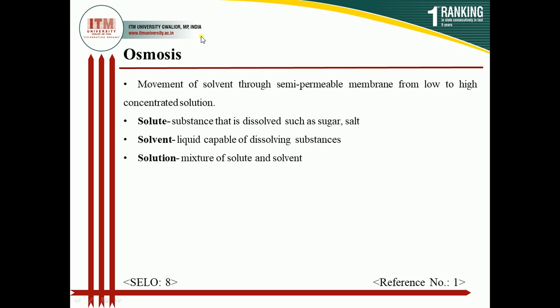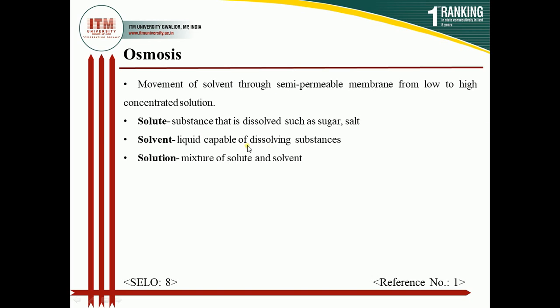Next is osmosis. Osmosis is the movement of solvent through a semi-permeable membrane from the low concentrated solution to the high concentrated solution. In humans, the cell wall is an example of a semi-permeable membrane, meaning the cell wall acts as a semi-permeable membrane.